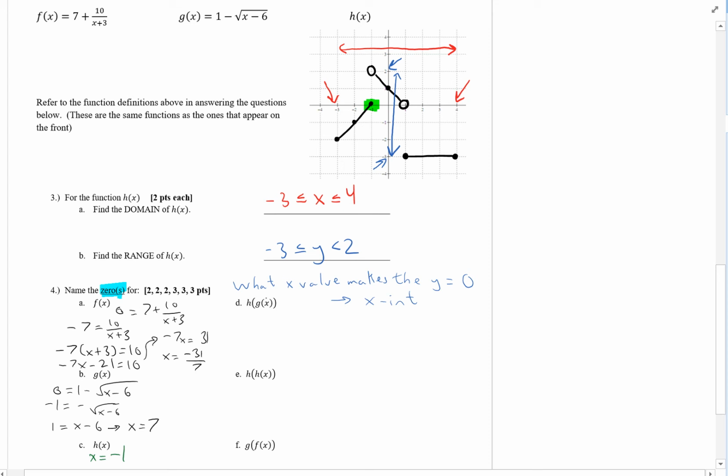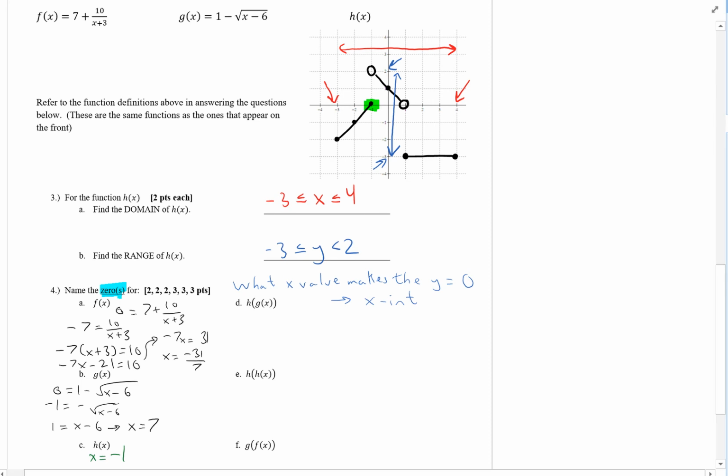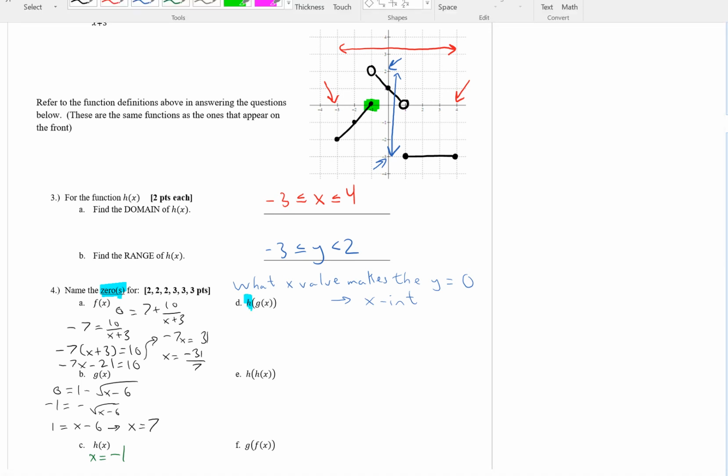H of g of x. This is how I want us to sort of dissect this. This is asking what x value makes this entire thing 0, right? And here's how we can go about that. First, let's think of just the h piece, and we're going to try to answer that now.